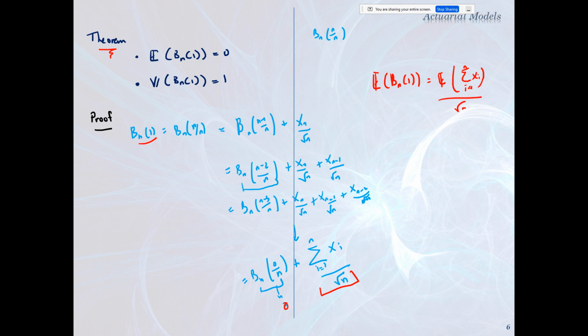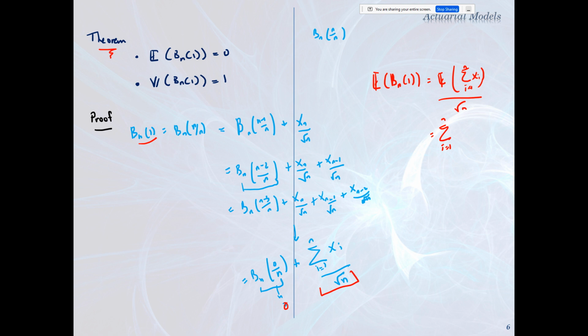We can put the square root n outside. So put the sum outside because the xi are Bernoulli, independently and identically distributed.